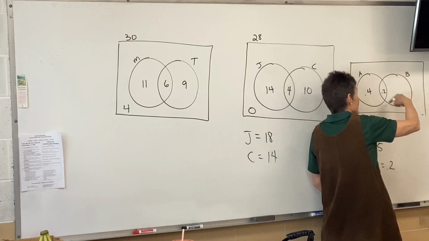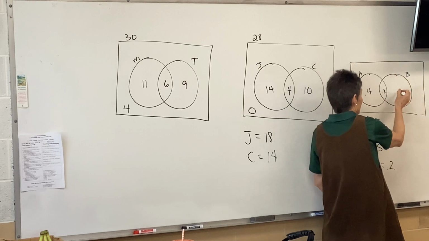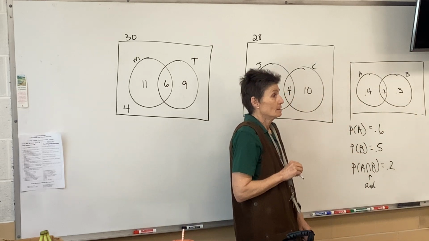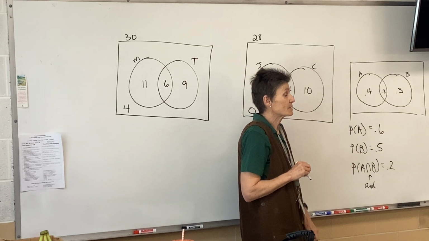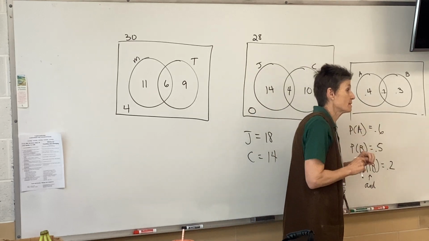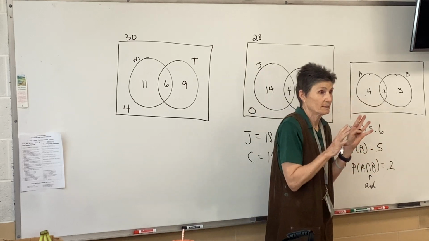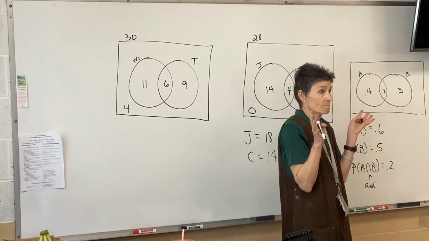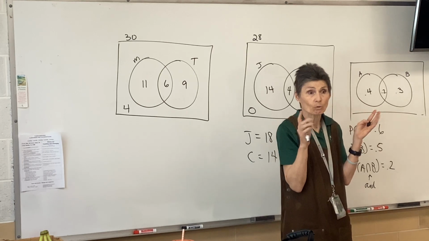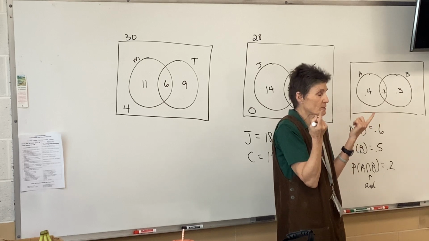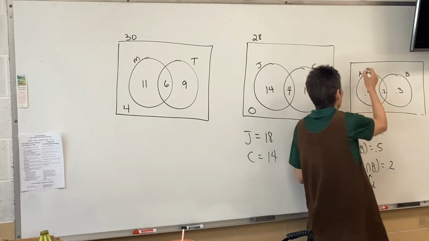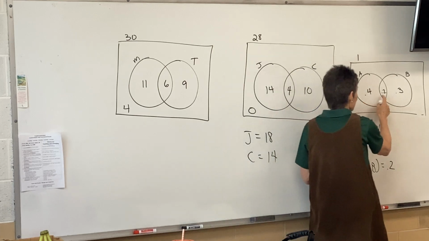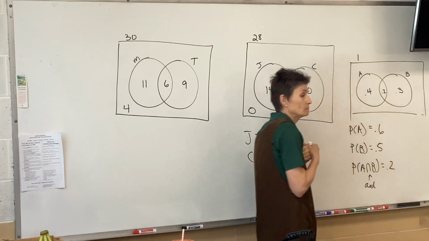And then what about over here? 0.3? Now guys, these are probabilities. What do we know about probabilities? The whole thing has to add up to what? 100% or 1? So the whole thing has to add up to 1. What do you have in the circles right now?